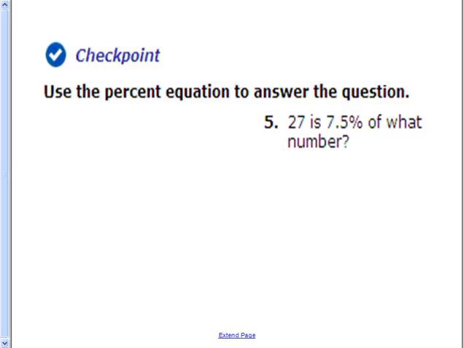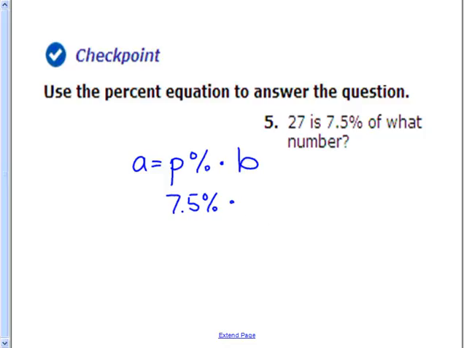Use the percent equation to answer the question. 27 is 7.5% of what number? Here's my percent equation. Are we getting good at this? It's getting easier. 7.5% I'm given.